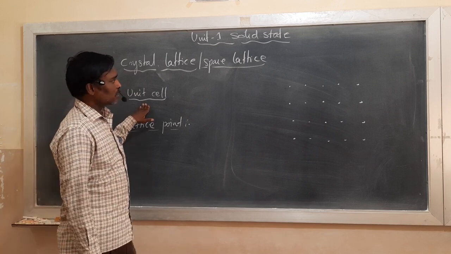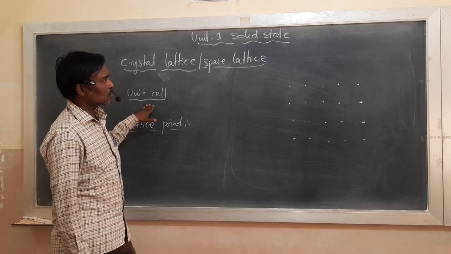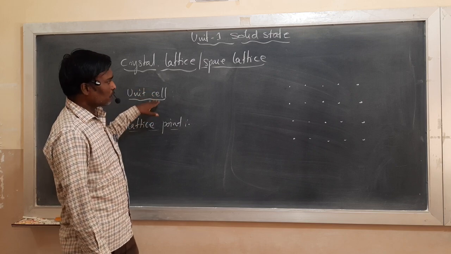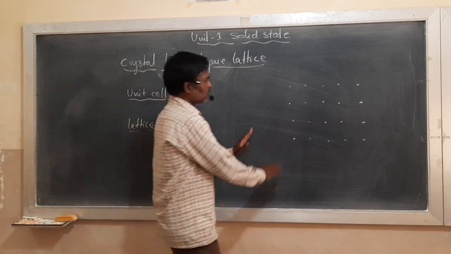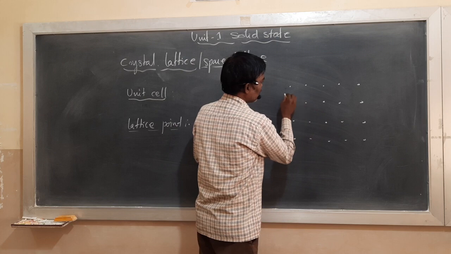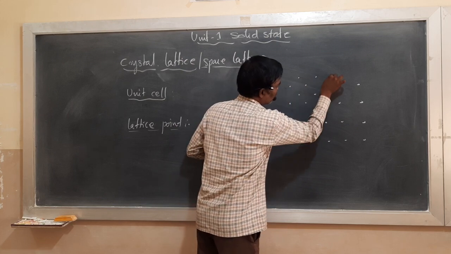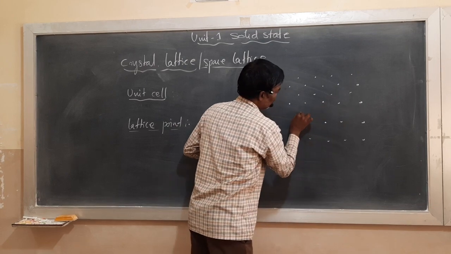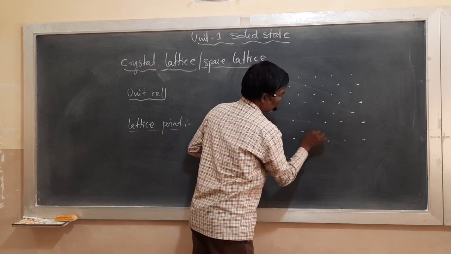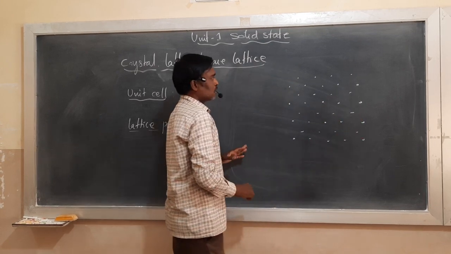And the unit cell is the smallest three-dimensional repeating unit of that crystal lattice. For example, this is the complete crystal lattice. If I join like this, so let me move some points. So this is a crystal lattice.